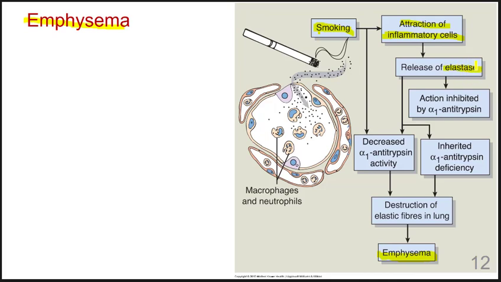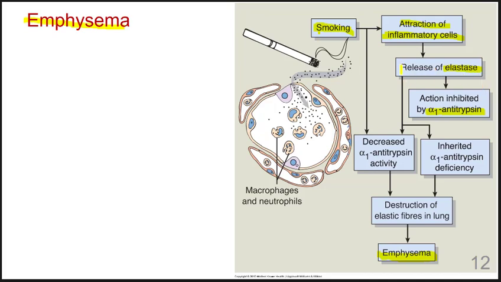Elastase, ase meaning enzyme, is an example of a proteolytic enzyme, an enzyme that breaks down proteins, in this case, elastin, which I said is a protein. So inflammatory cells release this proteolytic enzyme called elastase. Now, in somebody who has normal amounts of alpha-1 antitrypsin, alpha-1 antitrypsin will inhibit that proteolytic activity of elastase.